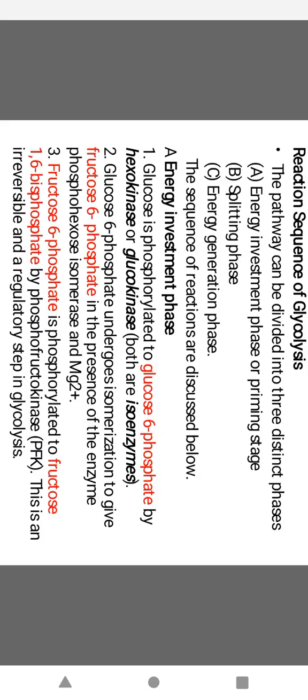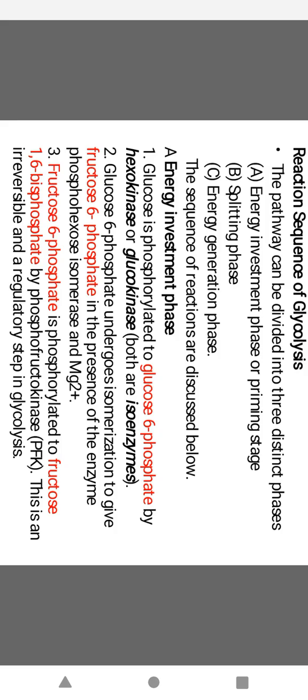Then the next step, glucose 6-phosphate undergoes isomerization to give fructose 6-phosphate. Fructose is an isomer of glucose. So this conversion is carried out by the enzyme phosphohexose isomerase, in which Mg2+ acts as a cofactor.